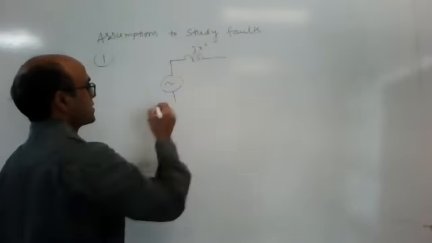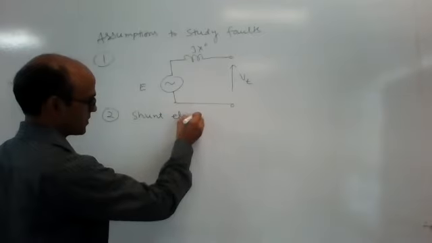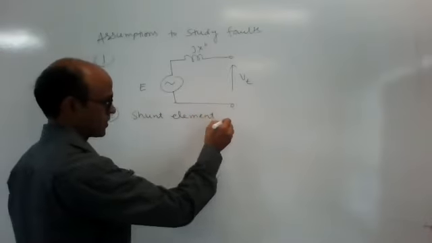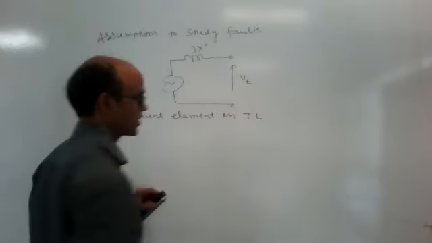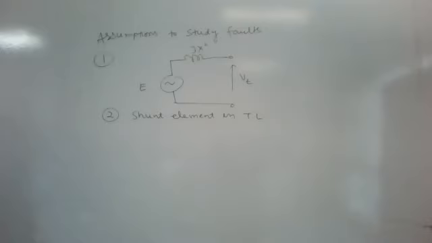Second assumption is that shunt element in transmission line is neglected. So we are neglecting shunt element in transmission line, that is, shunt capacitance is neglected during study of fault.